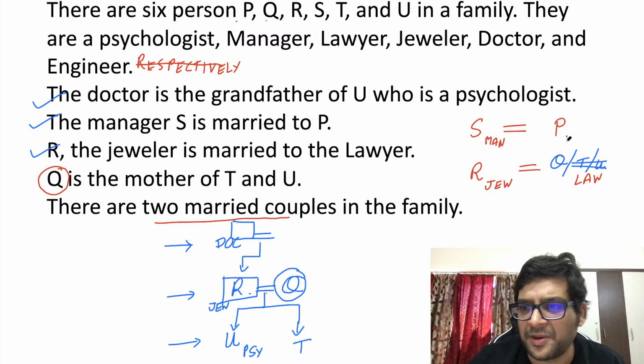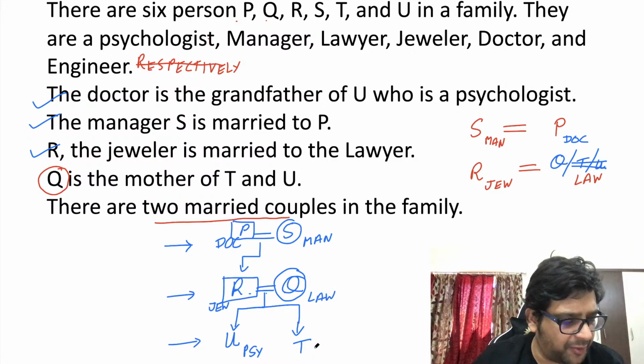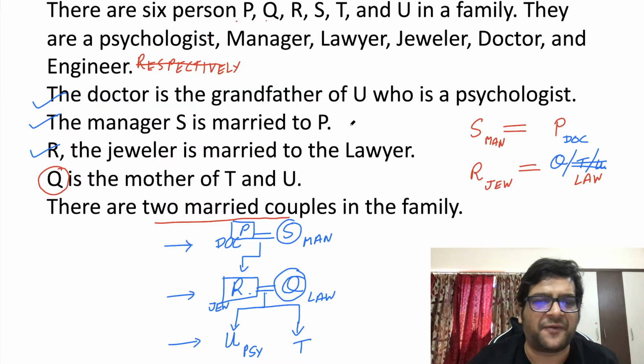So that is possible only if P is the doctor, and P is married to S, who is a female and a manager. Q became my lawyer. Only 1 profession is left for T. Which profession is left?